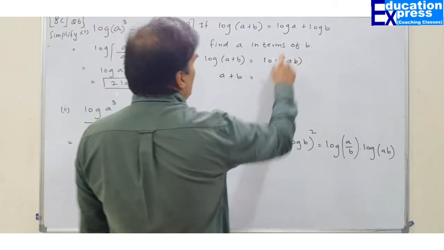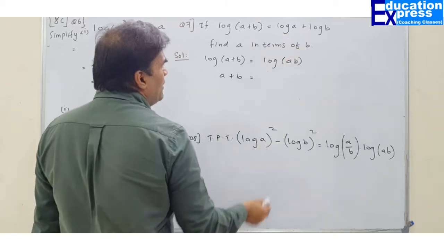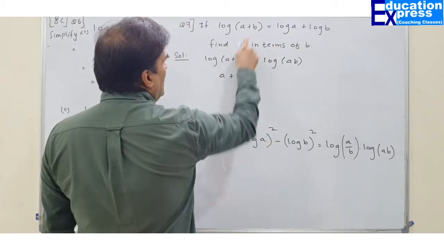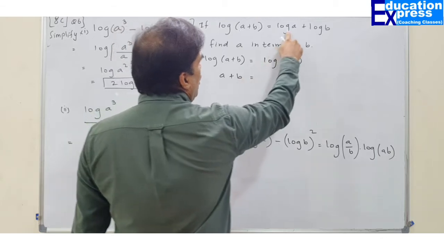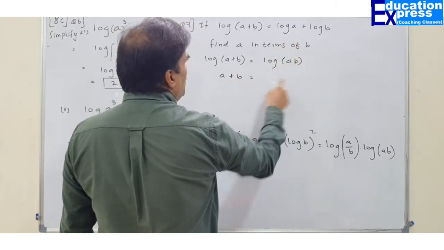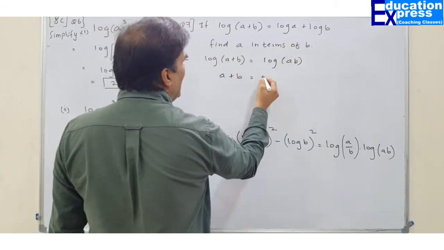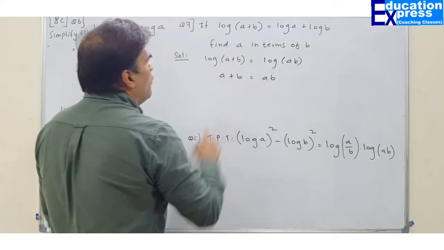We have a result: log a plus log b is log ab. So now log of a plus b equals log ab. If you compare, remove log from both the sides, what do we have to find?